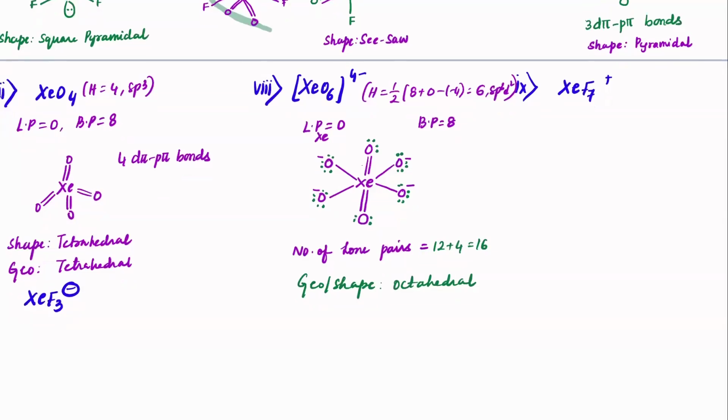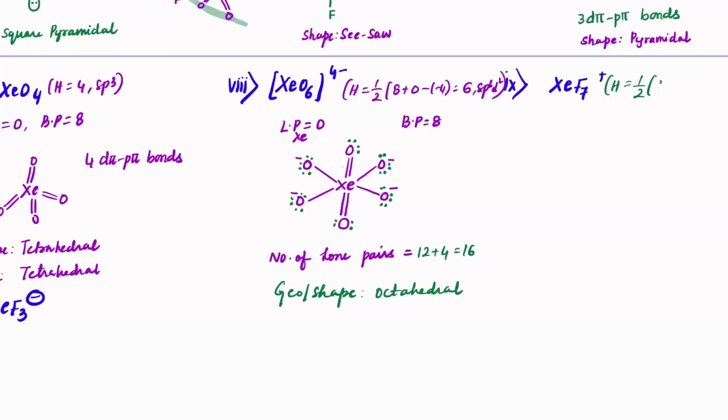Next, XeF7+. Now H would be equal to half of 8 plus 7 minus 1. So that makes it 7, so 7 as in sp3d3. Since it is XeF7+, it can adopt this because there are no lone pairs on the center.